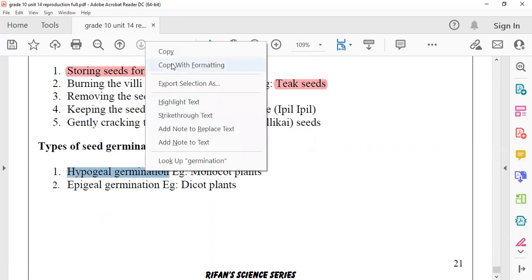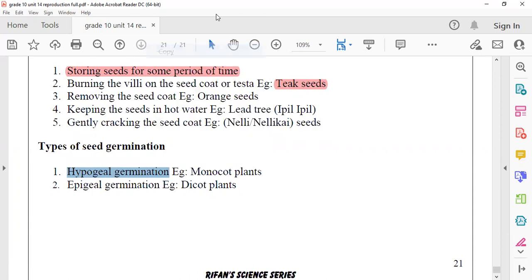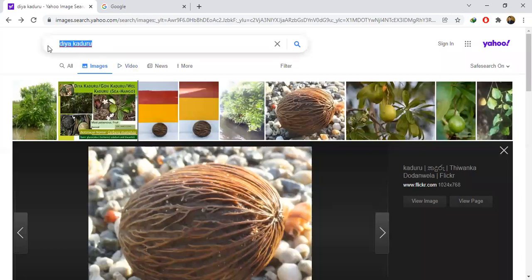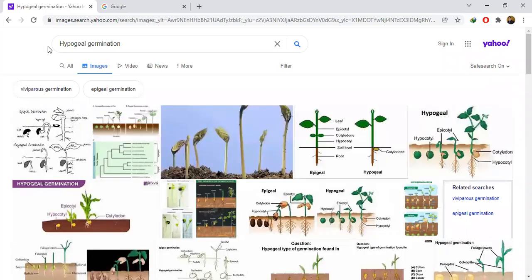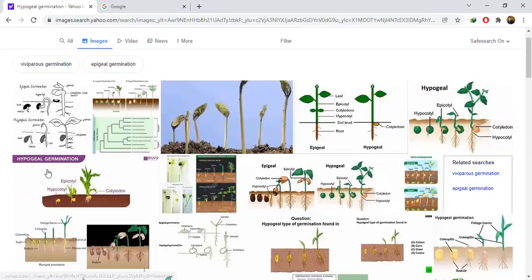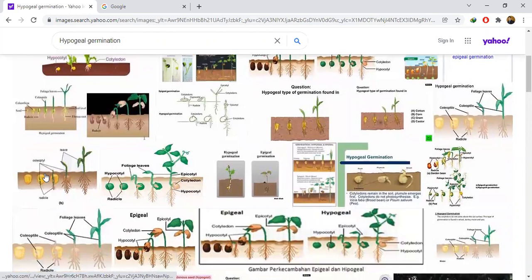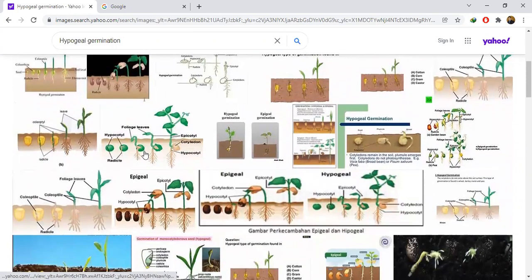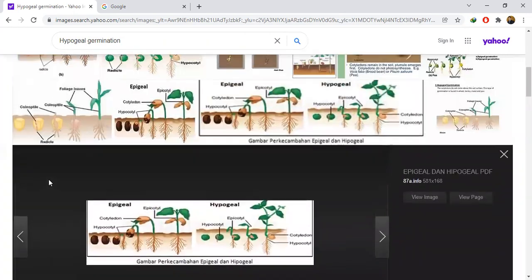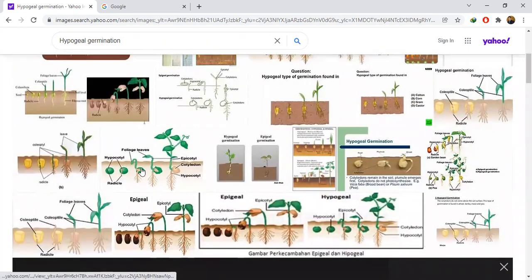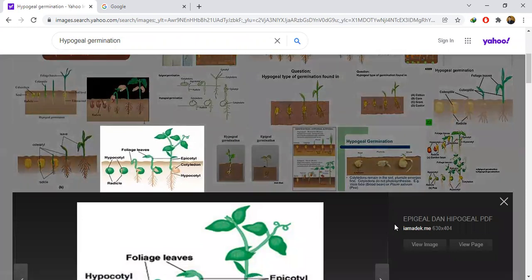In hypogeal germination, what's happening is, after planting the seed, a part called hypocotyl.